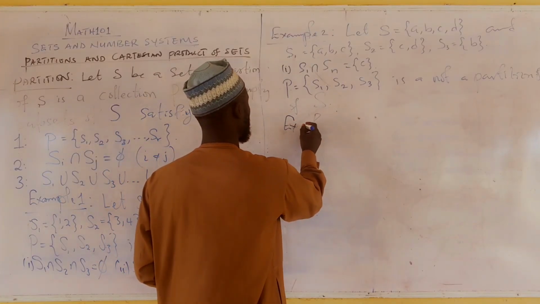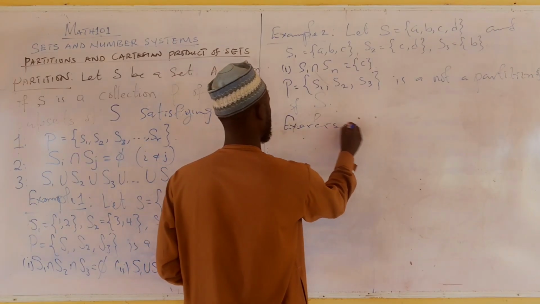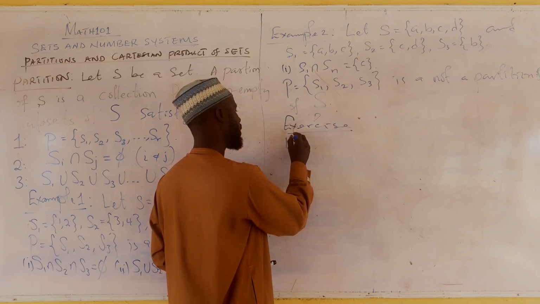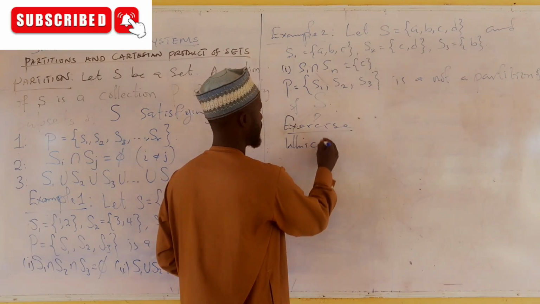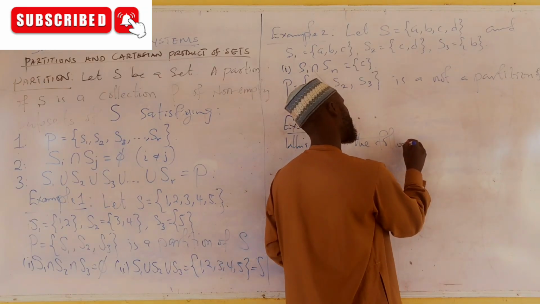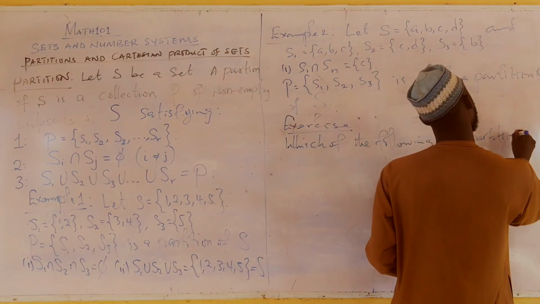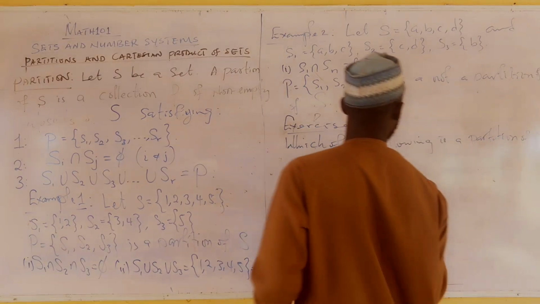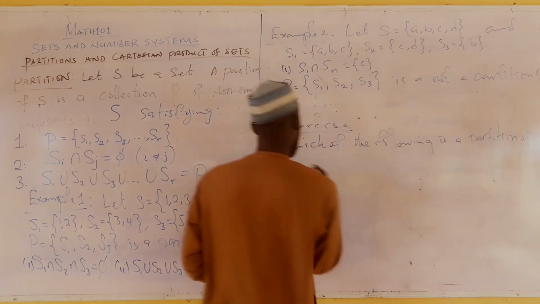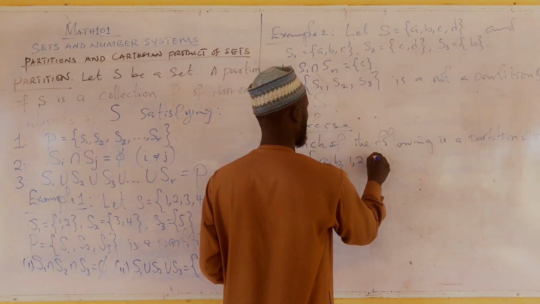Exercise for the readers. The exercise is saying, which of the following is a partition of S, where S is equal to a, b, 1, 2, 3.